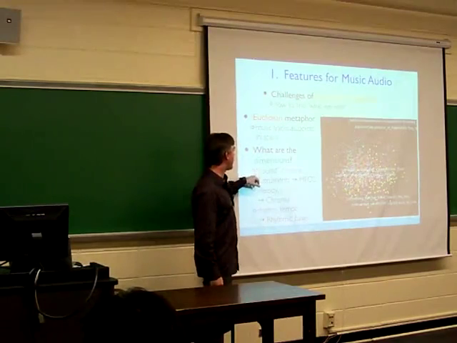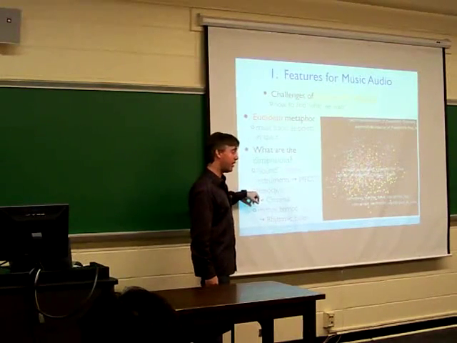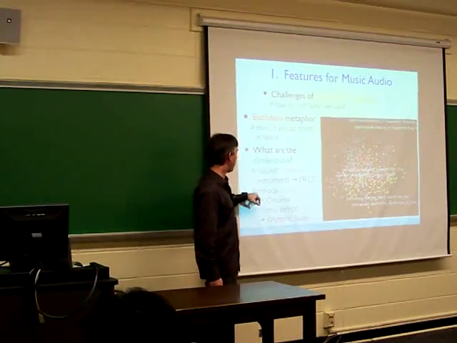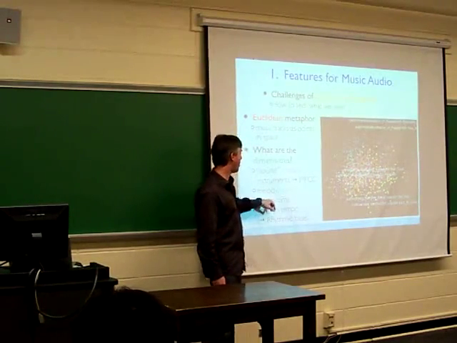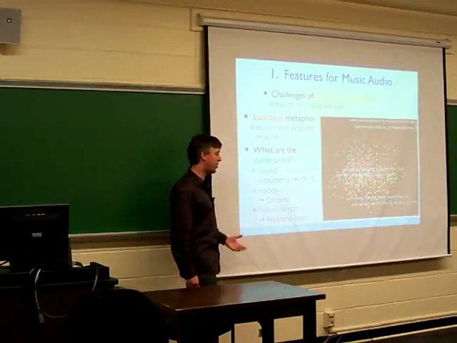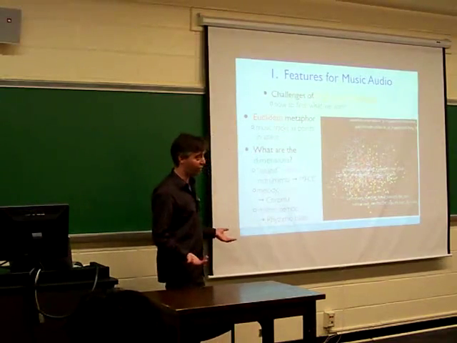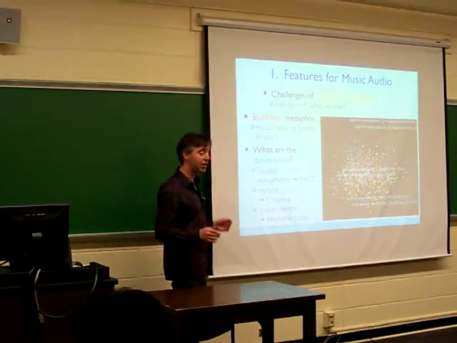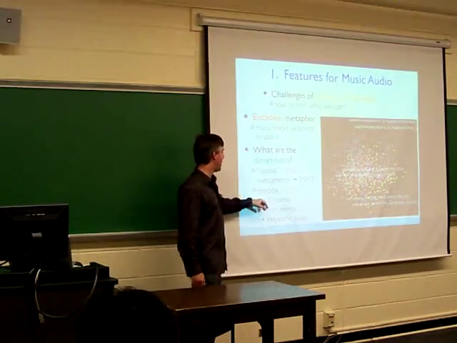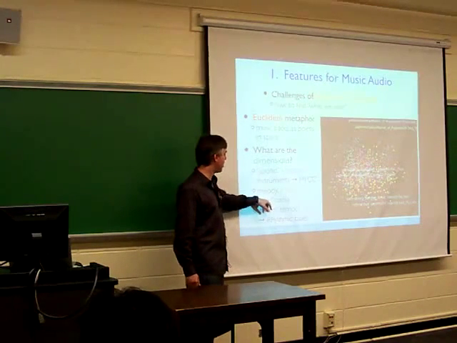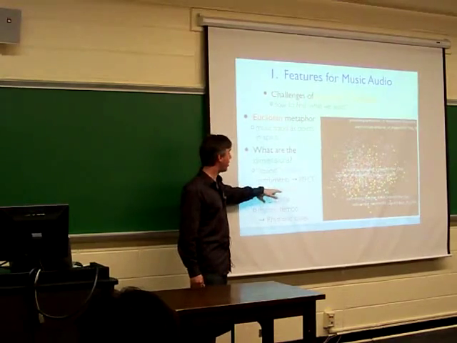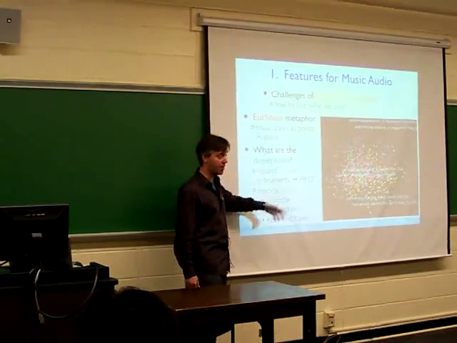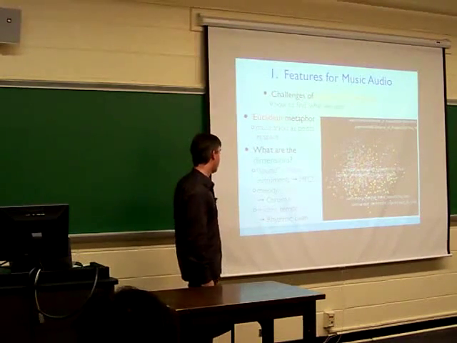Maybe we're not so interested in the instrumentation, but more in the notes, the melody and the chords. If so, then we have a different feature called the chroma feature, which is a particular choice, but as we'll see, its goal is to separate out the information about the pitches from the information about the instruments and what's carrying the pitches.